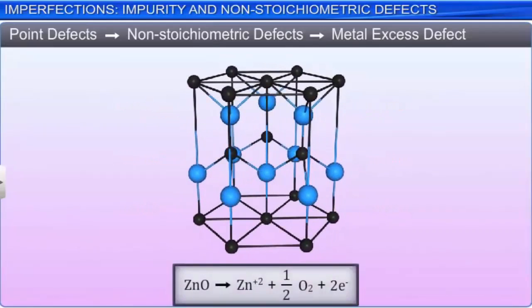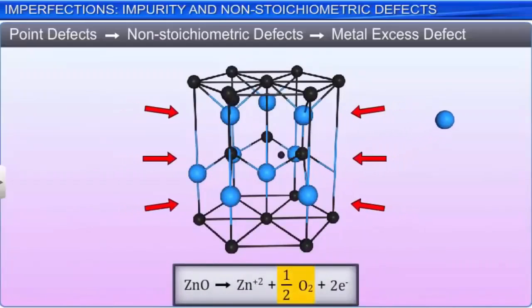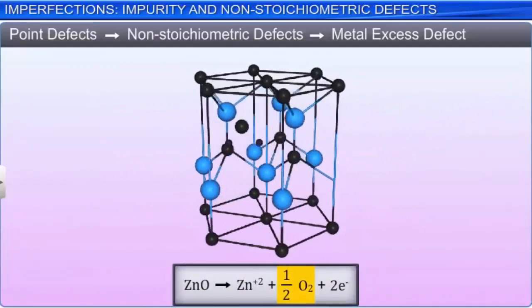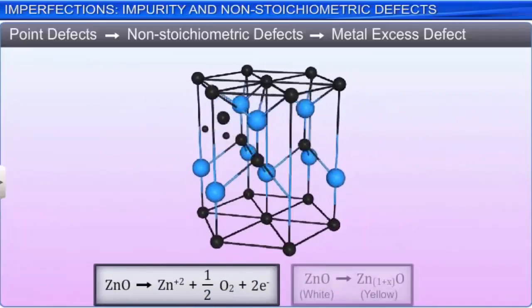On heating, it loses oxygen and turns yellow. Now there is an excess of zinc in the crystal and its formula changes from ZnO to Zn1+xO. The excess zinc 2+ ions move to the interstitial sites, and the electrons to the neighboring interstitial sites.